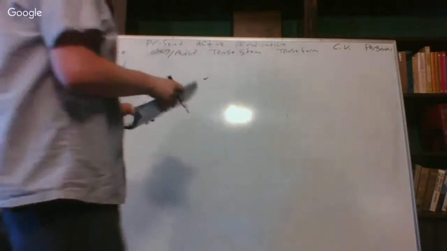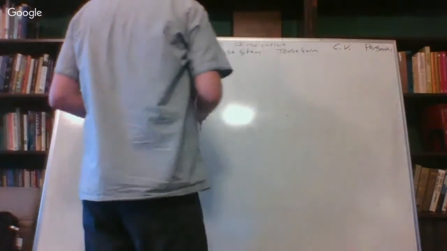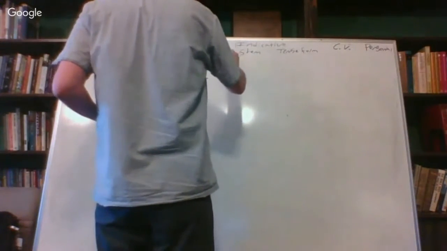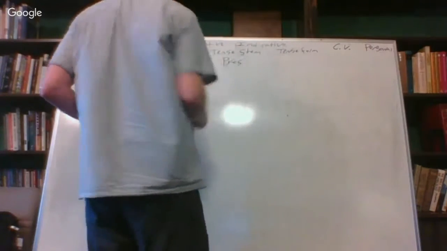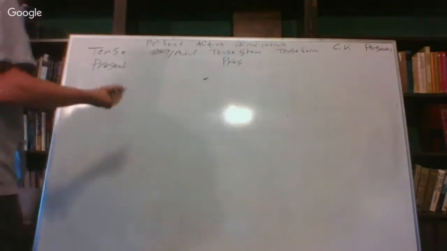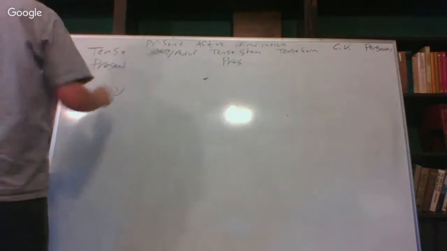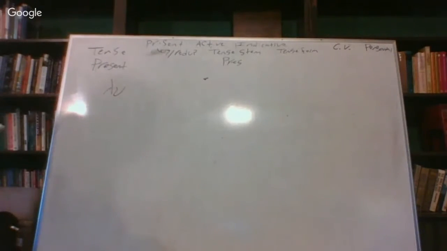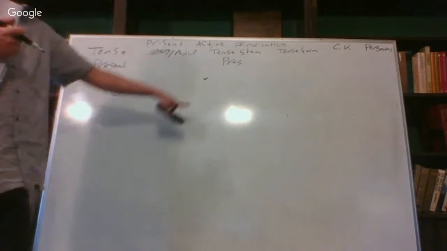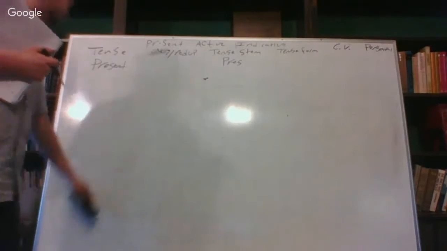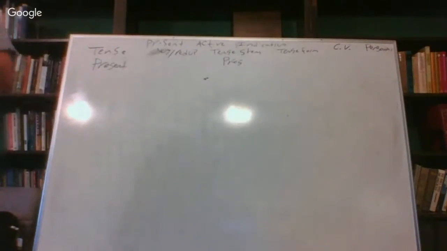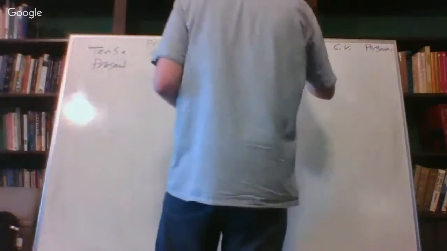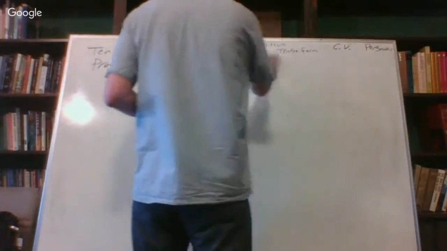The tense stem is going to be present, or we'll just write pres for short. And so again, in the case of luo, there is nothing that happens to the stem. It's present. When we get into the aorist, this will start to make a little bit more sense, and it will start to make less sense at the same time. So tense stem is present. Tense form, we're going to leave blank.